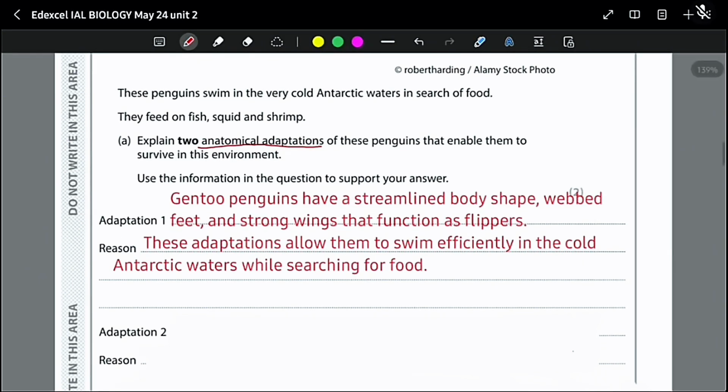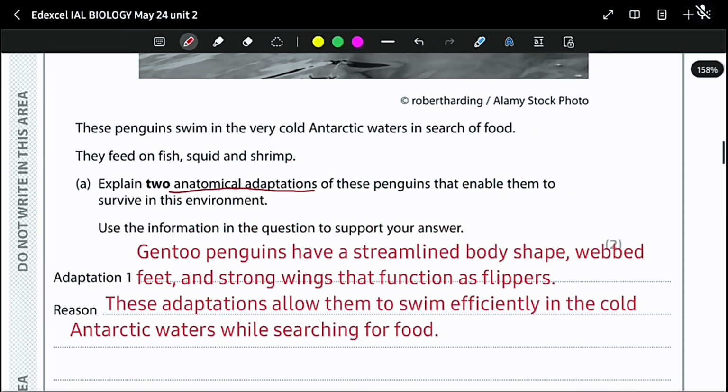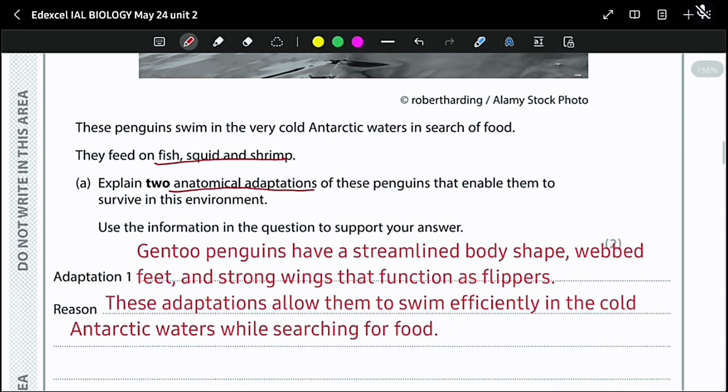Adaptation 2: they have a long and sharp beak, and it helps them to catch and eat the prey. Here we see their prey as fish, squid, and shrimp.